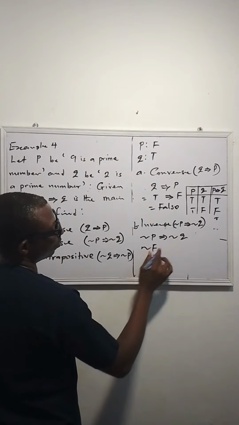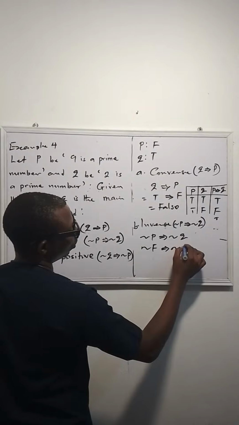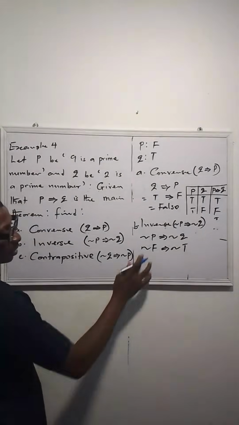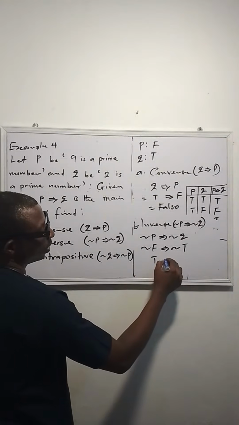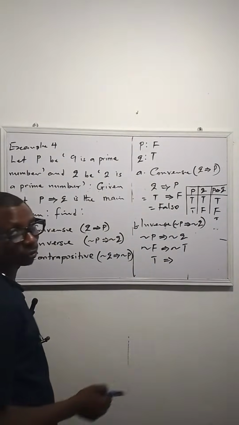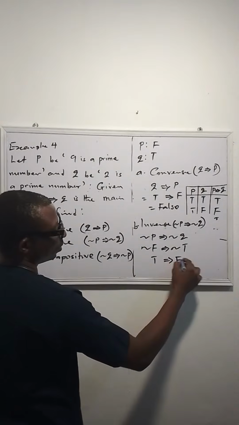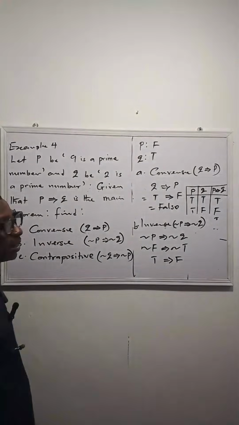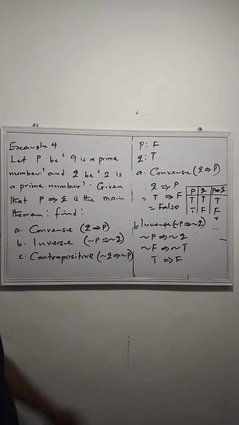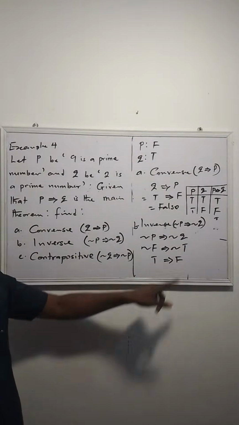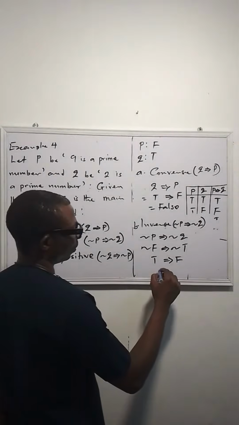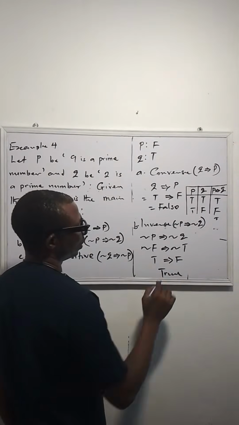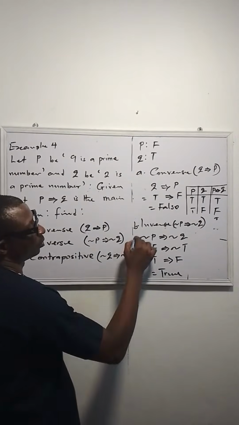False. Negation of false implies negation of true. What is negation of false? True. And negation of true is false. So true implies false is what? Let us check that. True implies false is false, so the answer here is false.